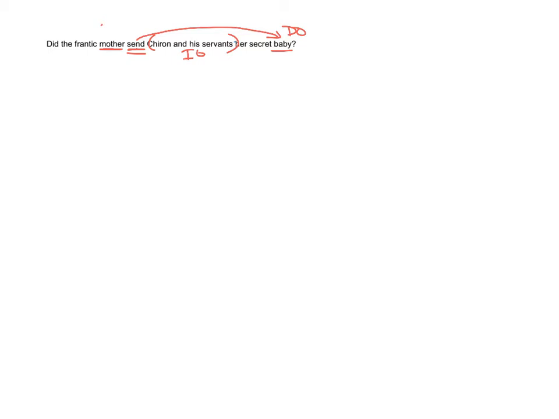This is actually a pretty simple diagram, so I'm just going to show you what the line should look like. So I have mother. I'm going to put that on my subject area. What did mother do? Well, it's tempting to say send, but when you have a question, your helping verb is often up front. So it's actually did send.